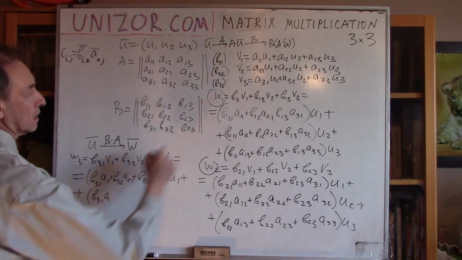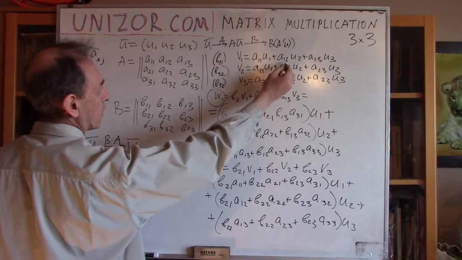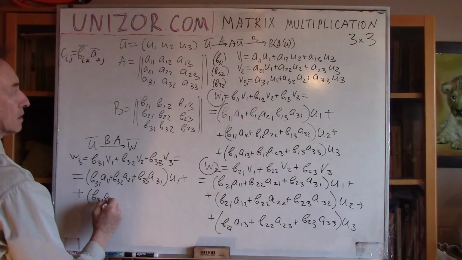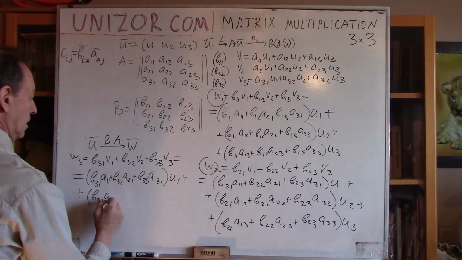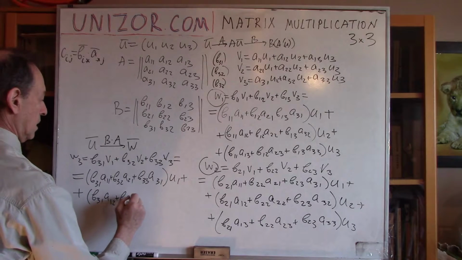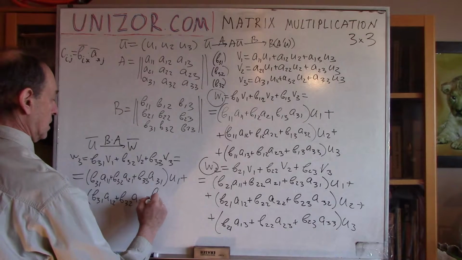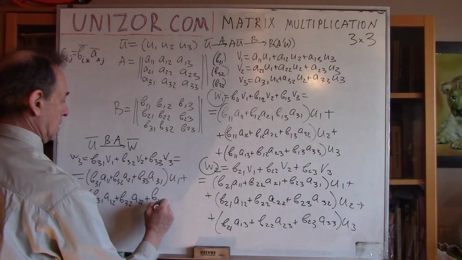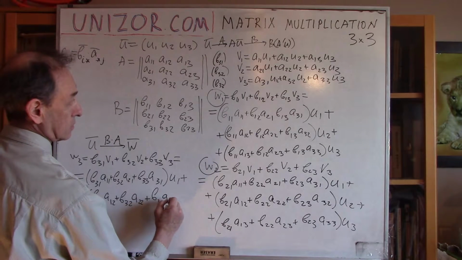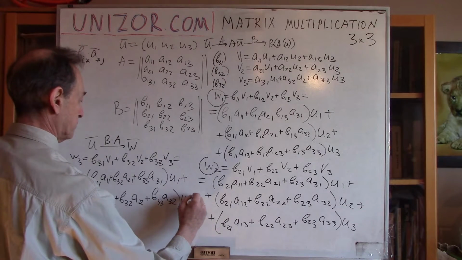B31 A12. Now multiplying for the U2, we get this one, A12, A22, and A32. And these are the same. So it's A12 plus A22 plus A32. That's U2.